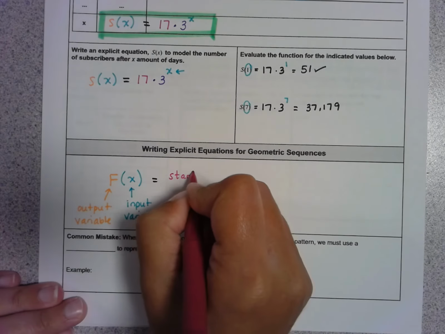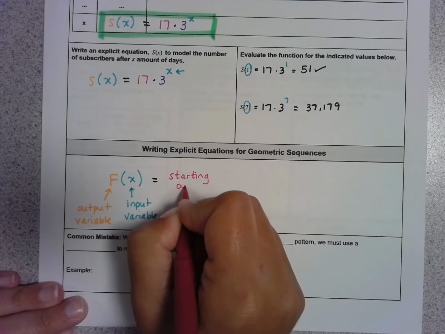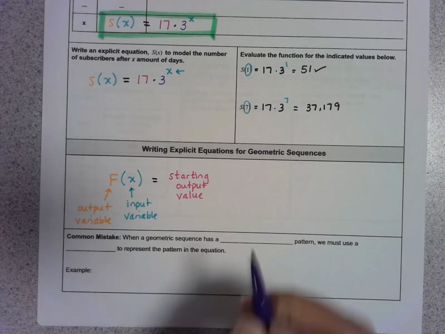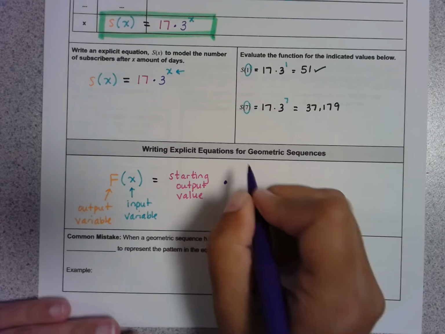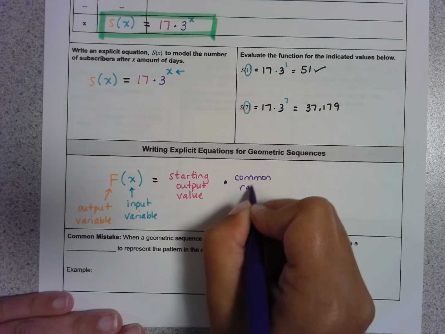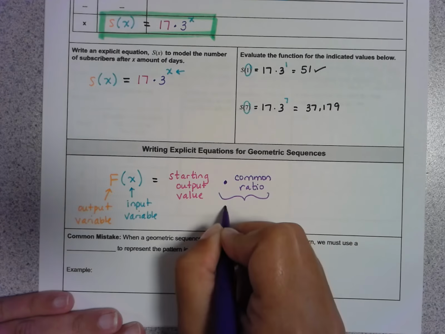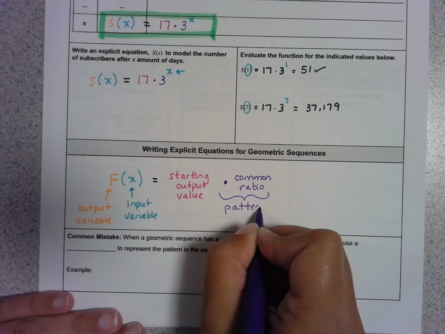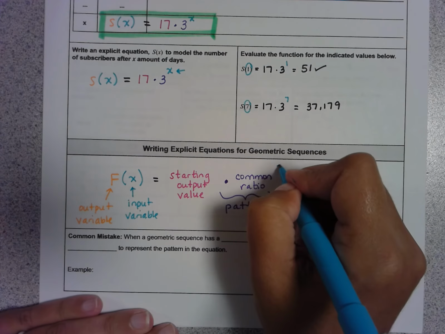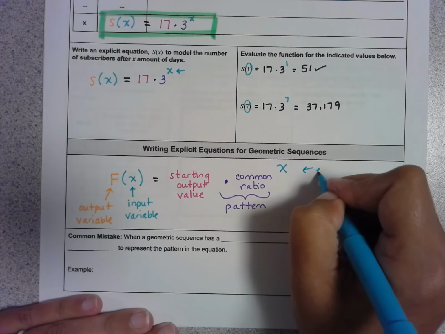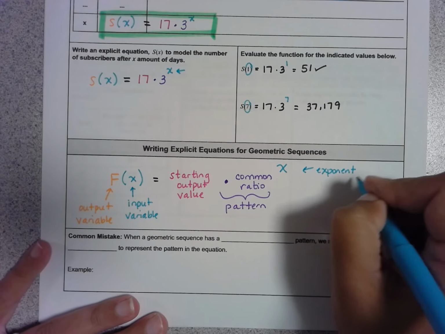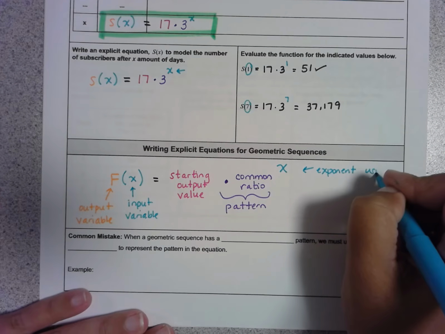So just like our arithmetic, we're using our starting output value at the beginning. Then you're going to have times your pattern, which we call the common ratio. And then you would have, instead of parentheses x, you would have an exponent. Because when you're doing repeated multiplication, you always have to use an exponent.